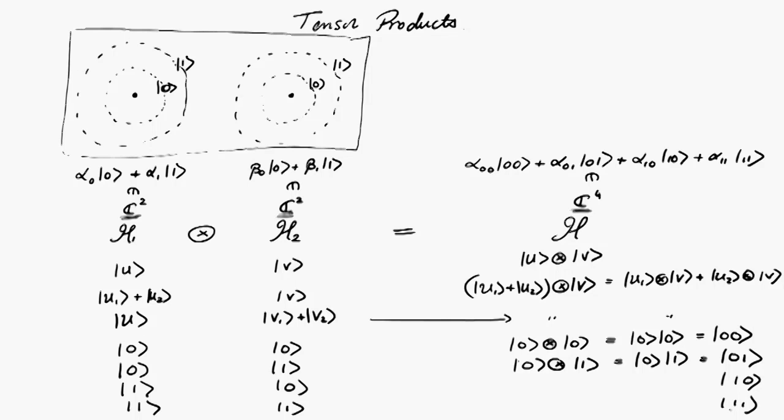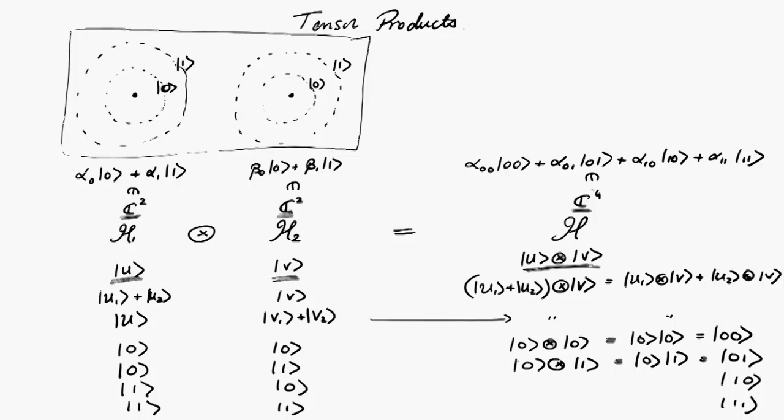Okay, so when we put together these two Hilbert spaces or vector spaces of dimension 2, we are taking their tensor product, and when we take tensor products, we have of course these product vectors, which are called elementary tensors, where we take a vector from the one space and a vector from the other space, and we get this product vector.